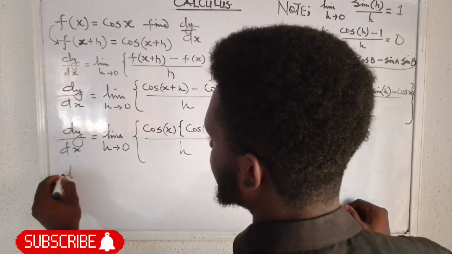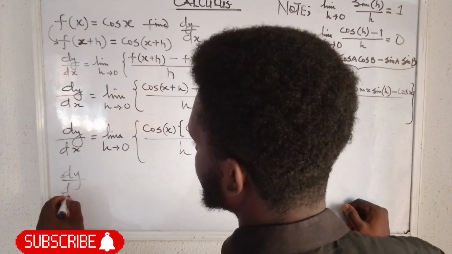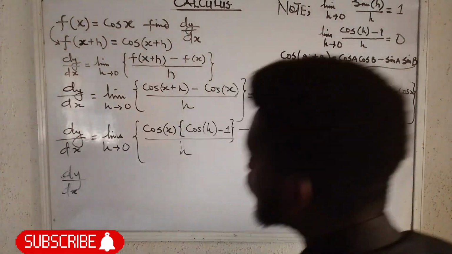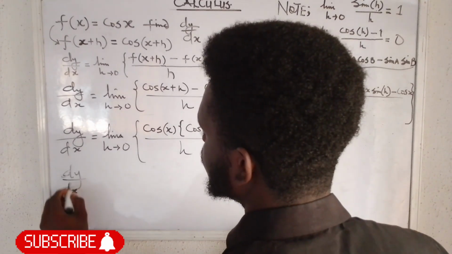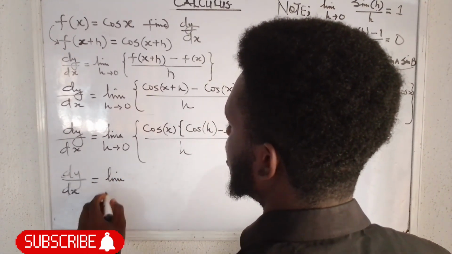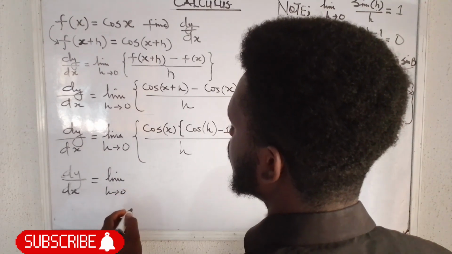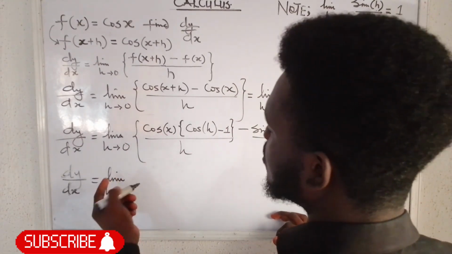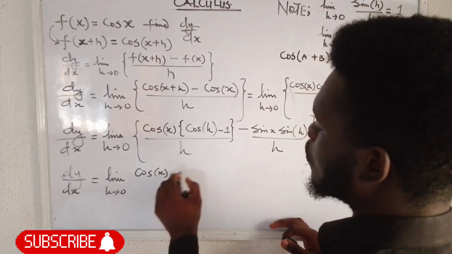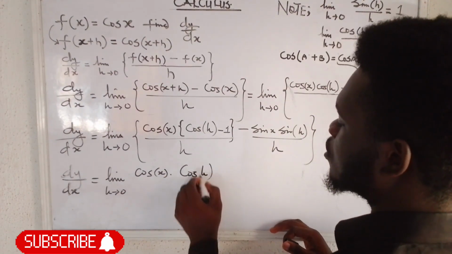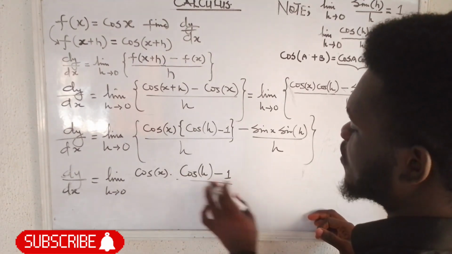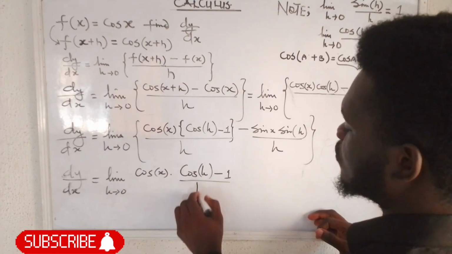If the limit goes into the bracket, we have that dy dx will be equal to the limit as h tends to 0. The limit will affect this first. So we have the cosine of x, then the cos of h minus 1, all divided by h.